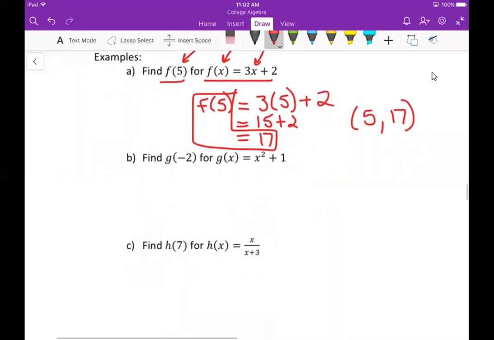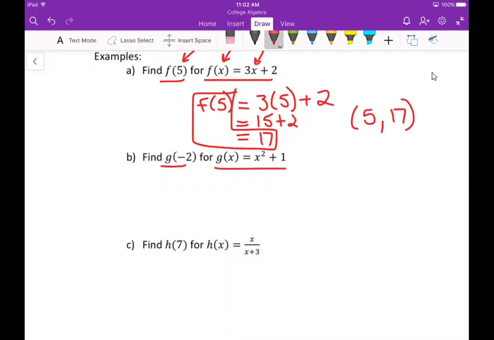Can you figure out then what g of negative 2 is if our function is g of x equals x squared plus 1? Notice here, just like y can change letters, the f can change letters. The x could also change letters, but this is still in function notation anytime we see one letter with another letter in parentheses. So can we get this output value, g of negative 2?